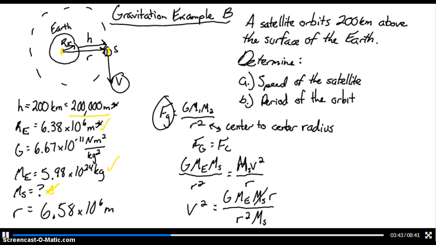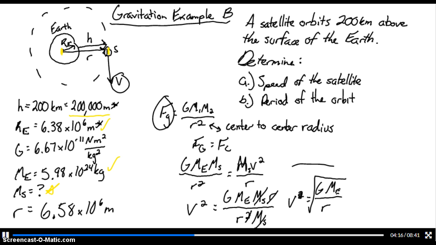So as we see here, mass of the satellite cancels out. The radius on top cancels with the r squared at the bottom. So we're left with v squared is equal to G times the mass of the Earth over the radius. We want to get rid of that squared, so we take the square root of both sides, and we get velocity is equal to the square root of the gravitational constant times the mass of the Earth over r.